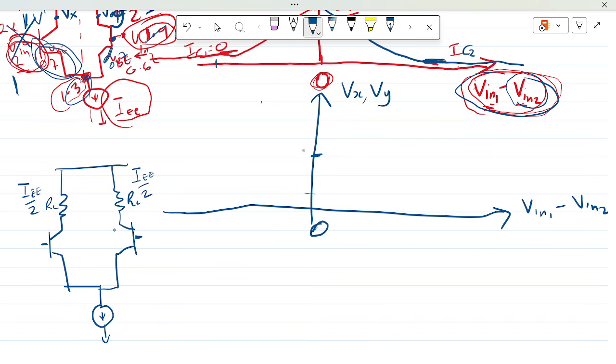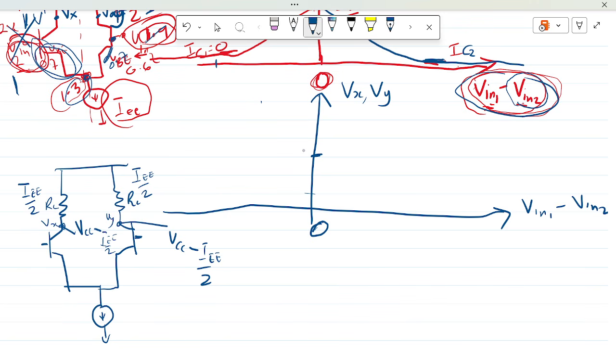So what will be the output voltage here? It's going to be VCC minus IEE over 2. And similarly, I'm going to have the same: VCC minus IEE over 2 is equal to the output voltage at Vx and at Vy.